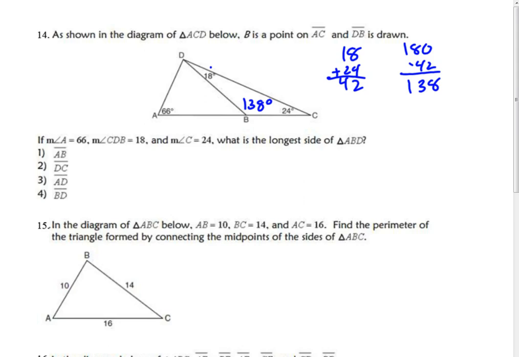Now what do we have going on here? We've got a linear pair, so therefore this angle would have to be 42. Those are a linear pair. Always ask, what do we know? Well, now what do we know over in this one? We know these have to add up to 180. So if we add 66 and 42, that's going to be 108. And if we subtract that from 180, it will be 72.